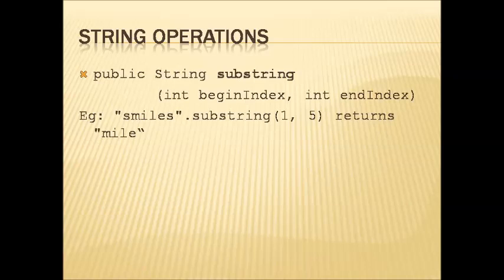Even though the given last index is 5, it is taking the characters ranging from 1 to 4 only, right? In the case of substring, it avoids the last index position; it will take only up to the index position 1 less than the given index position.